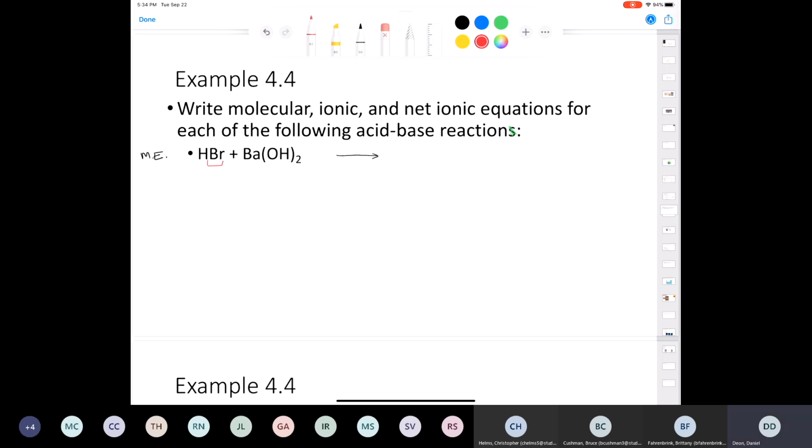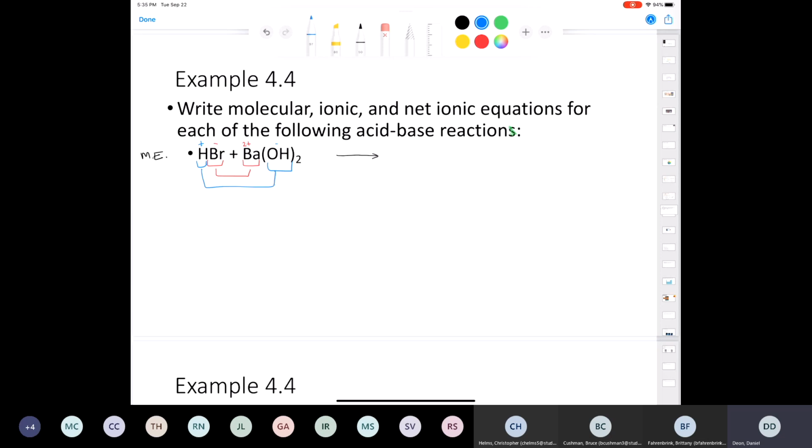What's going to happen is your cation and your anion are going to combine, right? They're going to swap places, right? So the barium, which is positive, 2 plus, and the bromine, which is -1, those are going to combine, and your hydrogen ion or your proton, which is +1, is going to combine with your hydroxides, which are -1, because of the subscript.